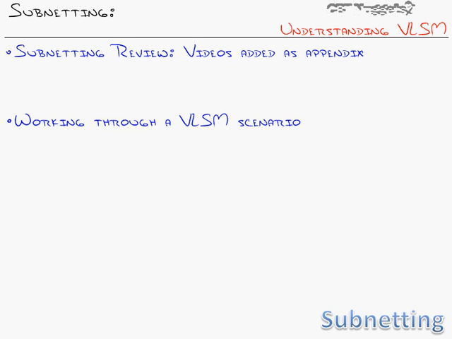So my first objective is to remind y'all that we have, as an appendix to this series, all the subnetting videos that I created for ICND part 1. If you have not seen ICND part 1, or it's been a while and you need to review before we get into the advanced subnetting, feel free to look through those appendix videos.